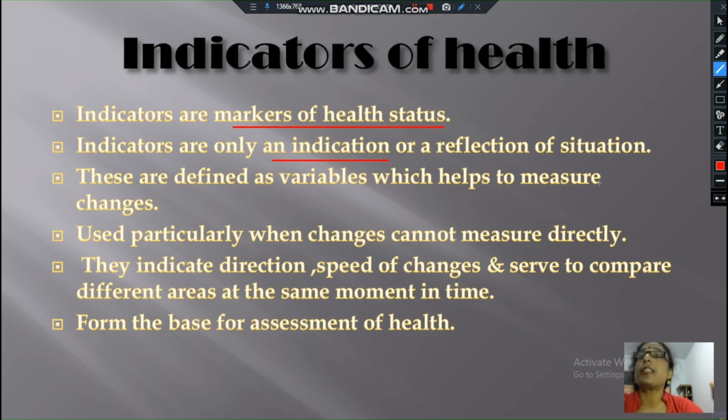That means, as the name implies, indicators are only an indication of a given situation or a reflection of that situation, and they are defined as variables which help to measure changes and provide factual information about health service performance.